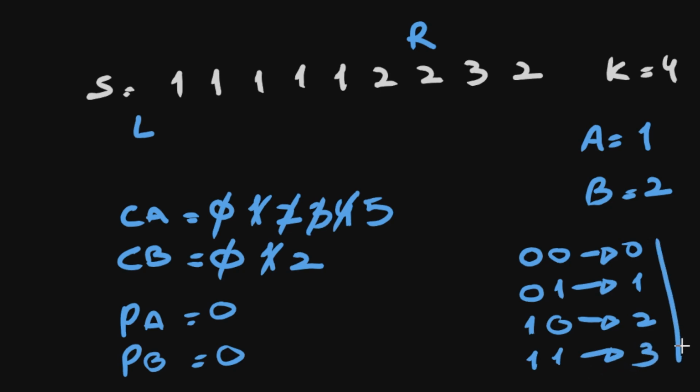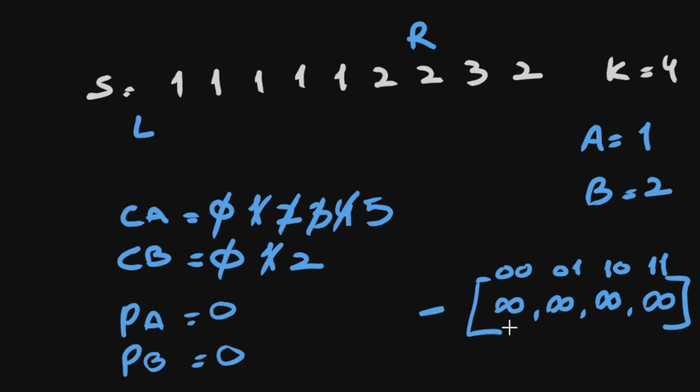So we can use this as the indices for an array. So we'll have this frequency array where initially every value is infinite, and the indices for each value correspond to every possible state. So now we want to store here the state up to this left pointer.